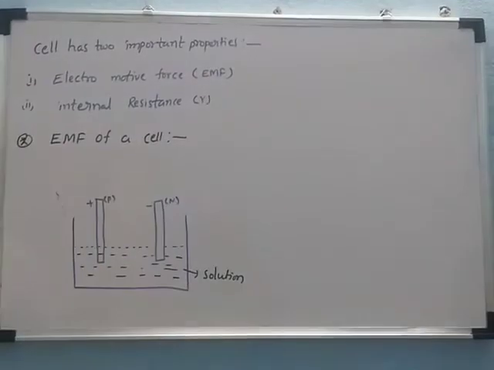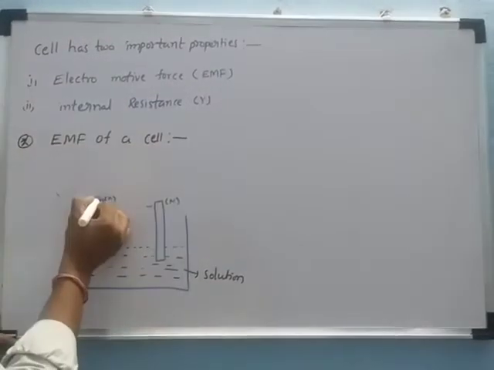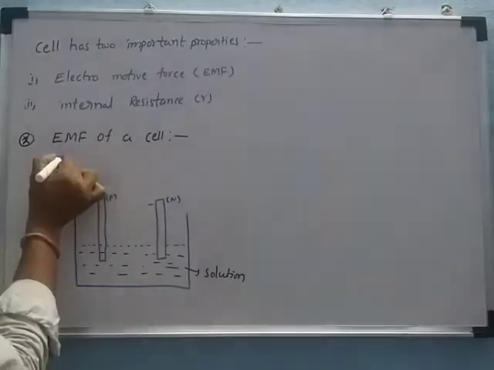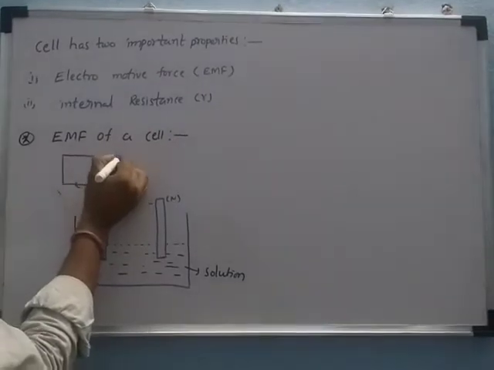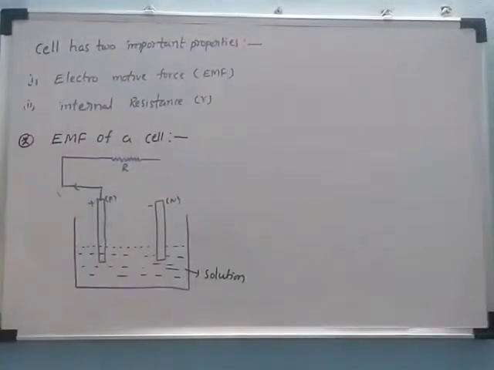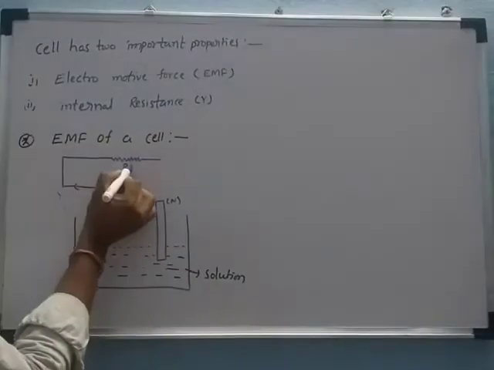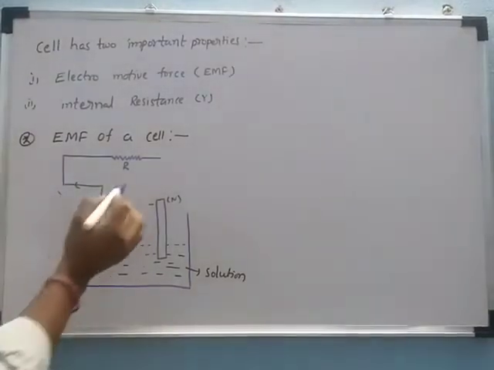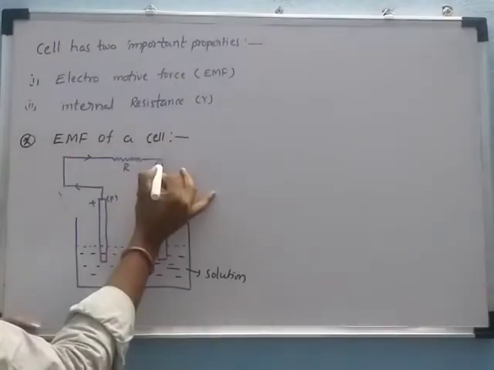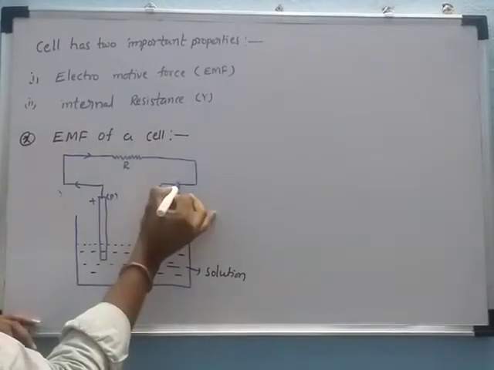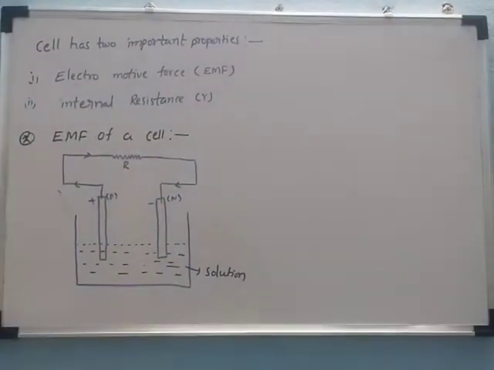The charges start from the positive terminal and move in this direction. Here we take the load resistance. When the charges come here, some amount of work is done, and after that they pass on and reach the negative terminal.